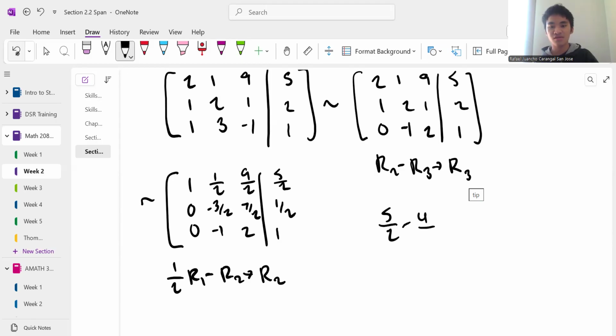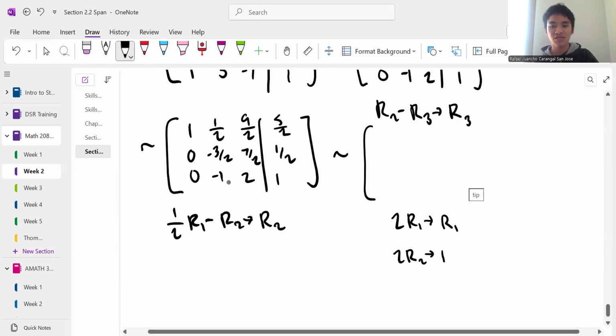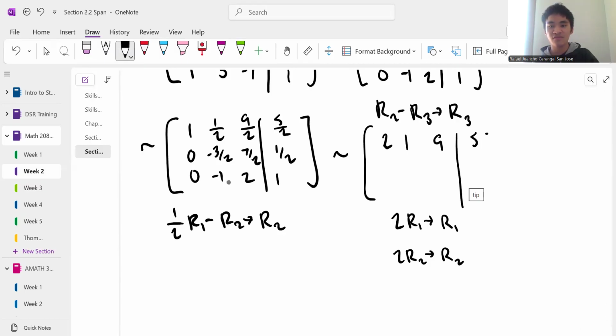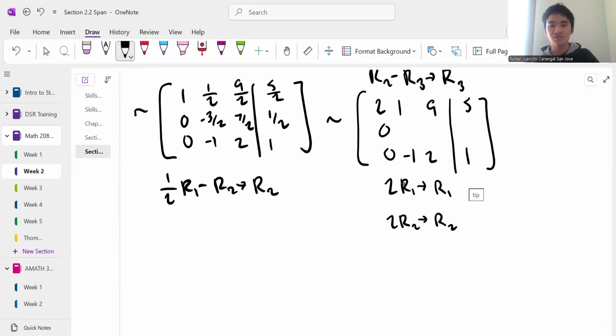If that is correct. Yeah. Then what I would do here, I would multiply 2 to R1 just to keep it simple. And same thing with R2 because I can. So this becomes 2, 1, 9, 5. 0, negative 1, 2, 1. Same idea. And then 0, negative 3, 7, 1.